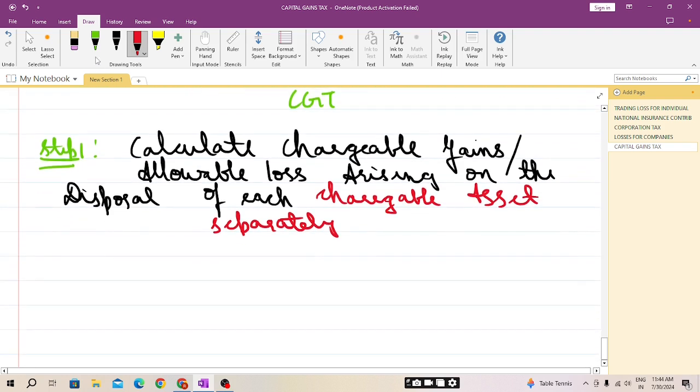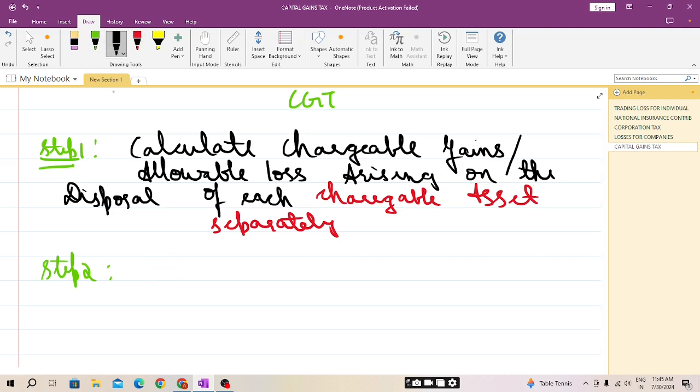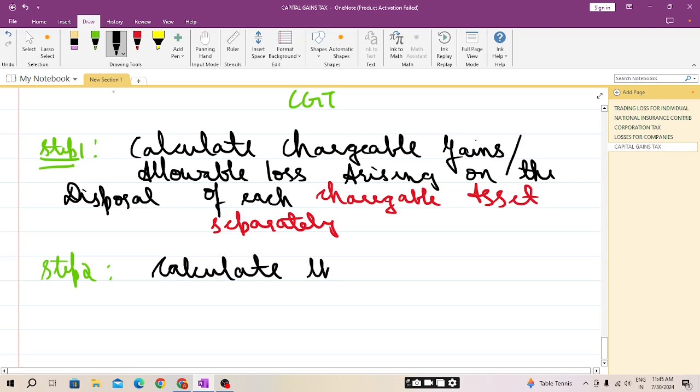Now moving to the step number 2. So step number 2, students, we need to calculate the net chargeable gains. The net chargeable gain means we need to combine the gains and loss of all the assets which have been disposed in the year.